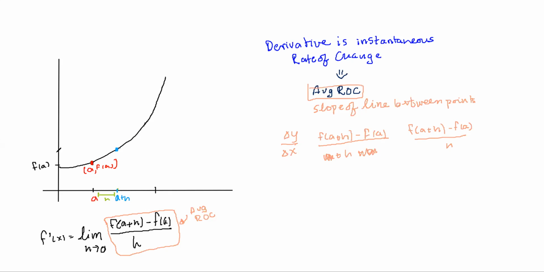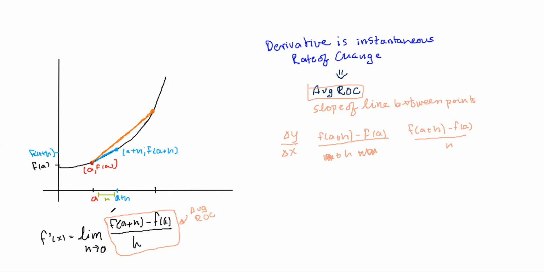So this will be f of a plus h, and this point will be a plus h, f of a plus h. So I have a line like that. Okay. So I had something going on up here. This is my original. And now I have this blue line here.